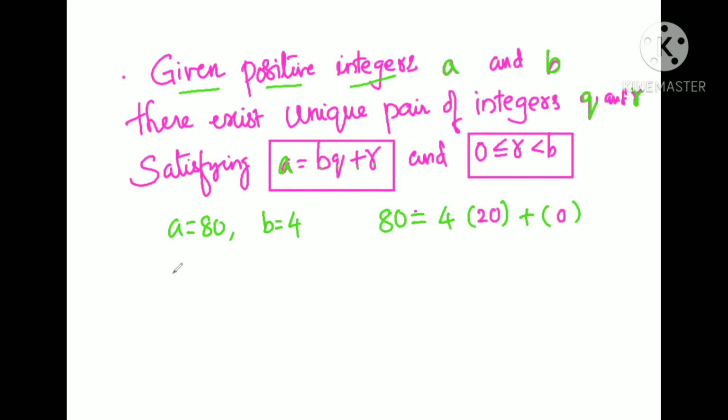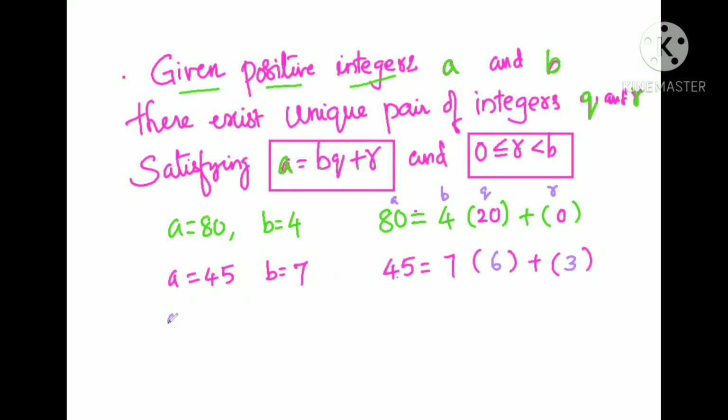If we take one more example, if A is equal to 45 and B is equal to 7, then 45 is equal to 7 into something plus something. 7 6s are 42 and 3 is remainder here. This is A, this is B, this is Q, and this is R. But this R is always less than the divisor.